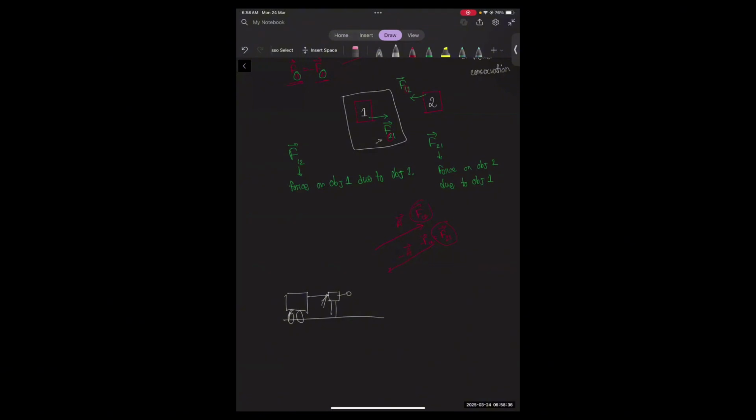It's basically pulling a cart. And then this is going in this direction. So the question usually goes this way: the horse is pulling my car with, let's say, a force F. So the horse is pulling the car with a force F. But then by Newton's third law, the car is also pulling the horse with force F.